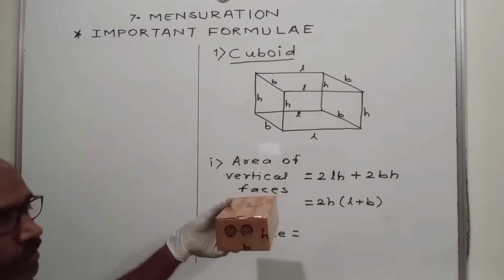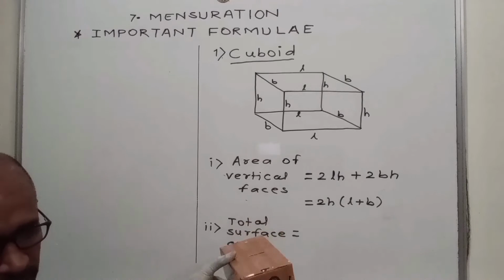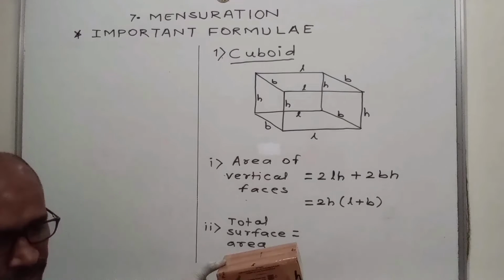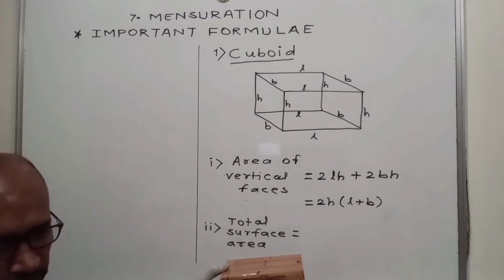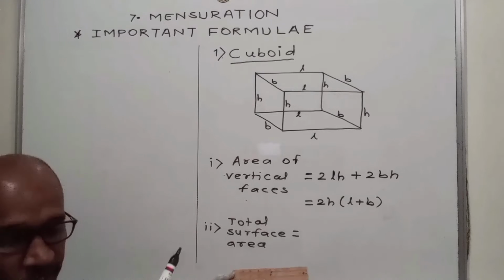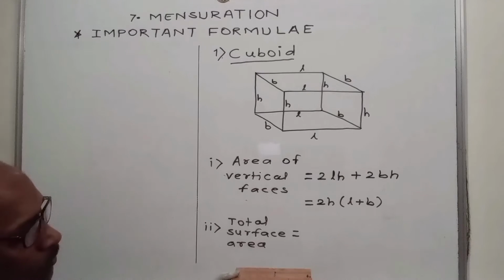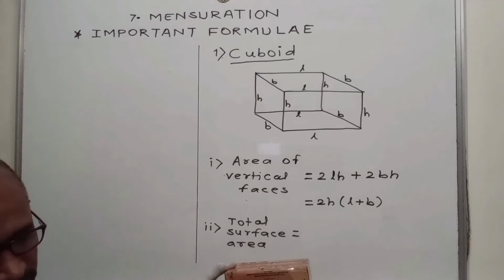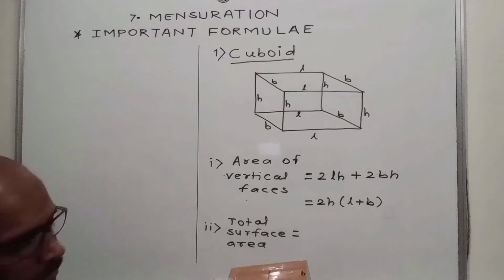Now total surfaces are 6, means 3 pairs, and each pair is a rectangle. Now see this face and the bottom face both are congruent.